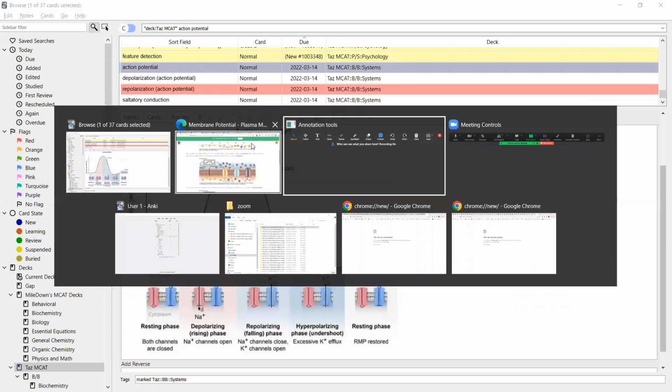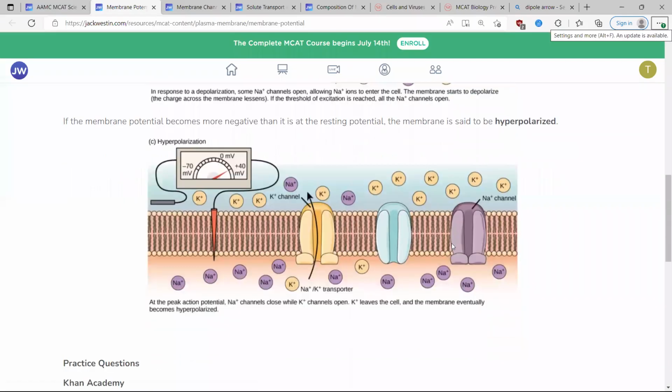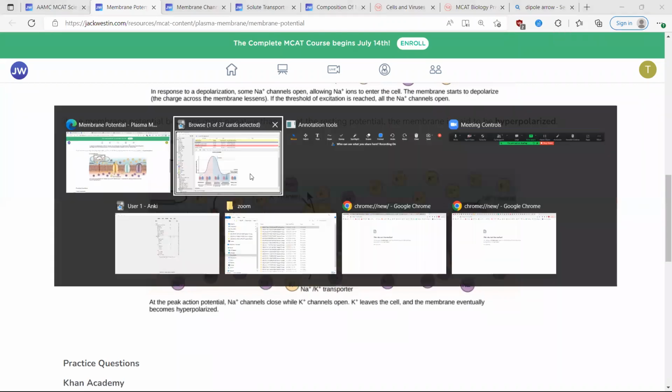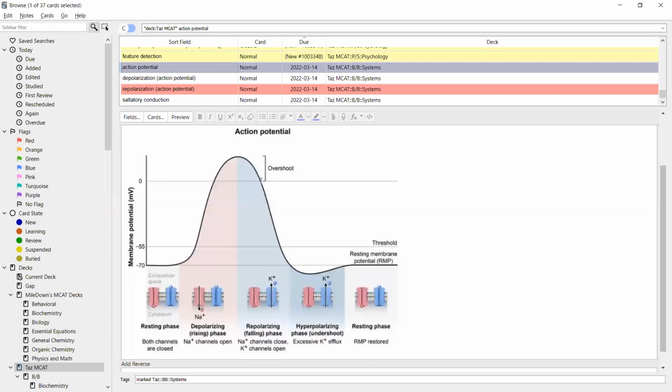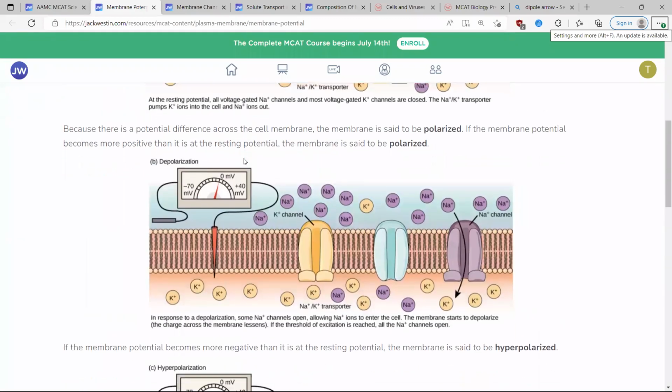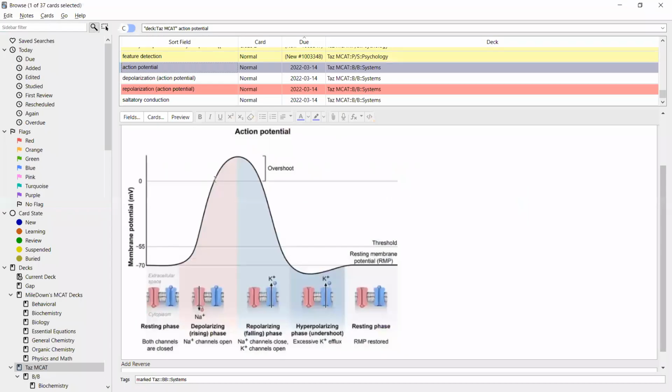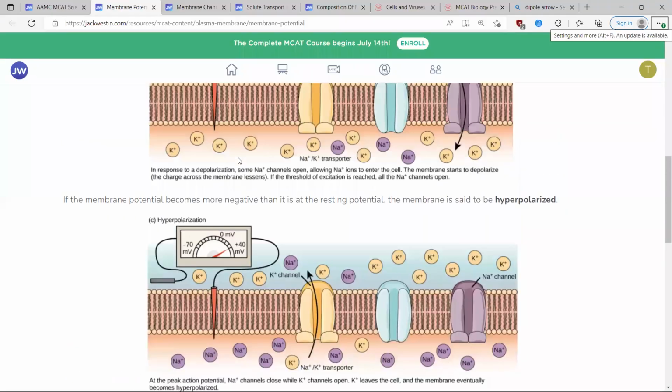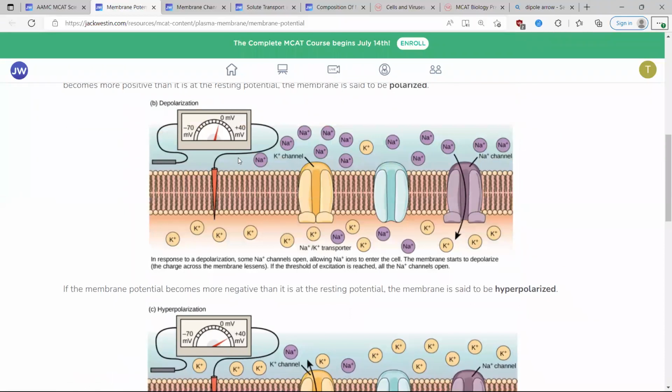We can see that here: the sodium channel is closed, the potassium channel is open, and the potassium is going out. Depolarization was here at 0, but when it increases beyond that, they consider it hyperpolarized that way.